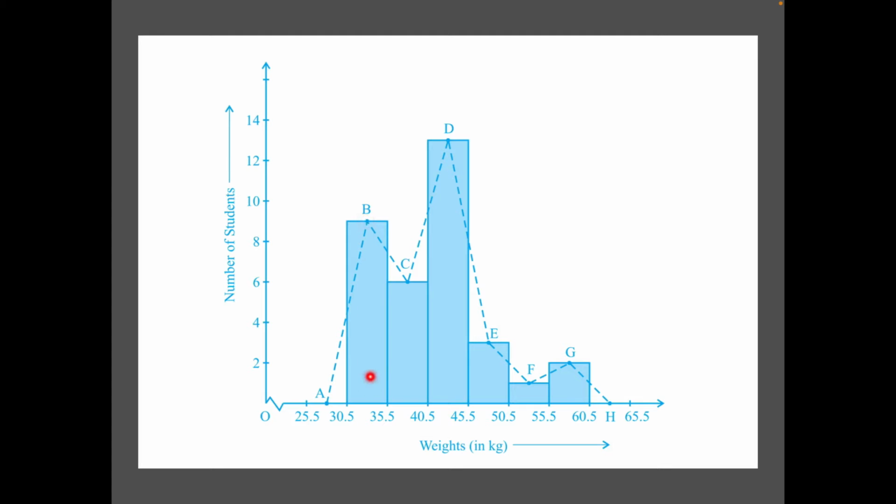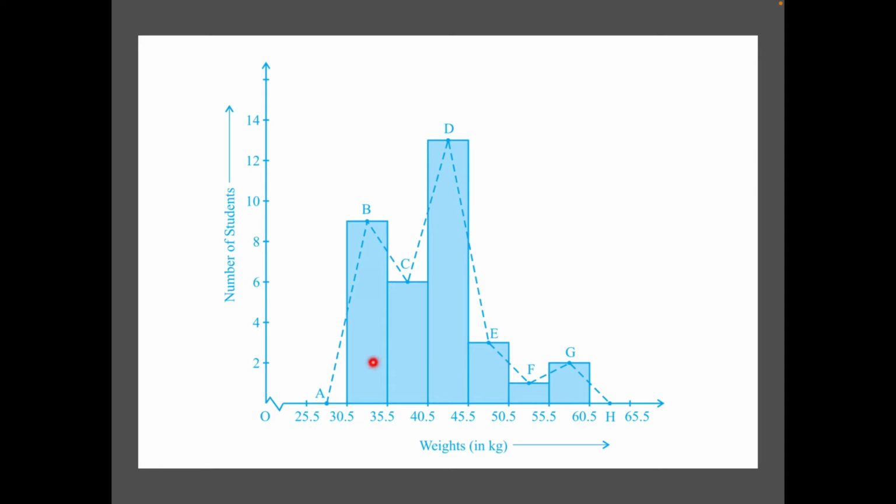As you can see, the first bar, from 30.5 to 35.5, the midpoint we have marked is 33, right? Similarly, we have marked all the midpoints of all the rectangles till the last rectangle, and we have named them B, C, D, E, F and G.